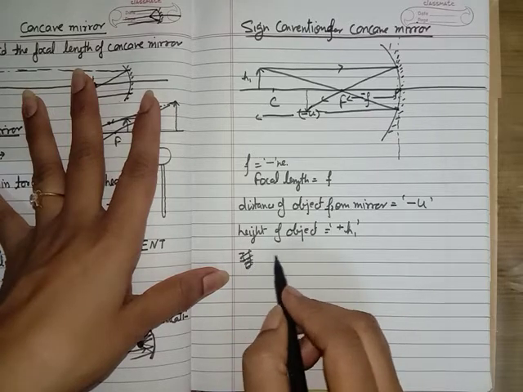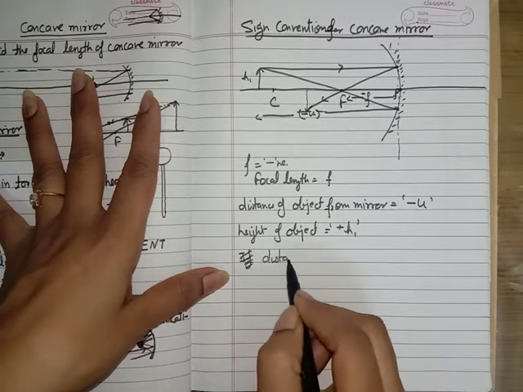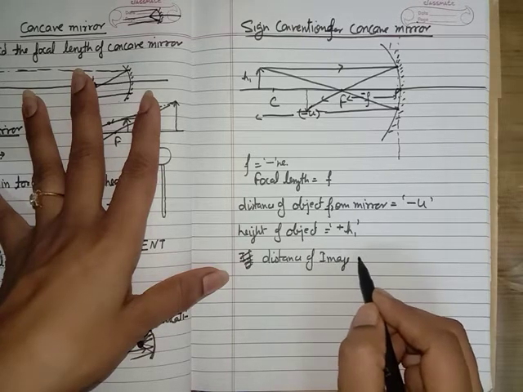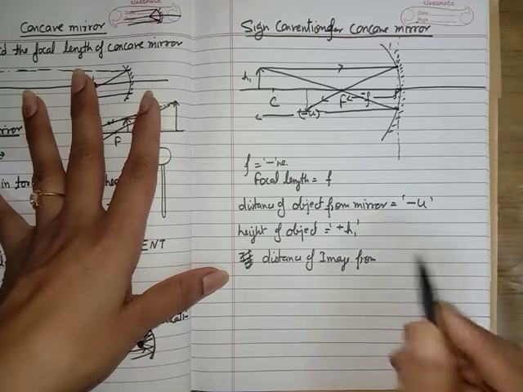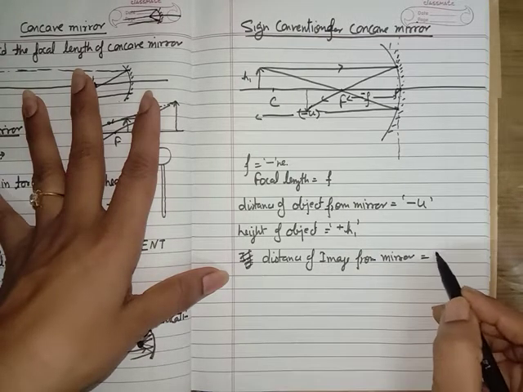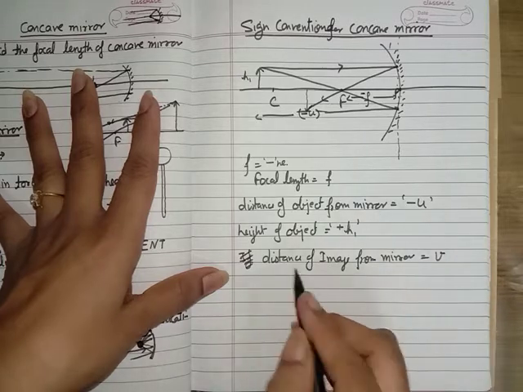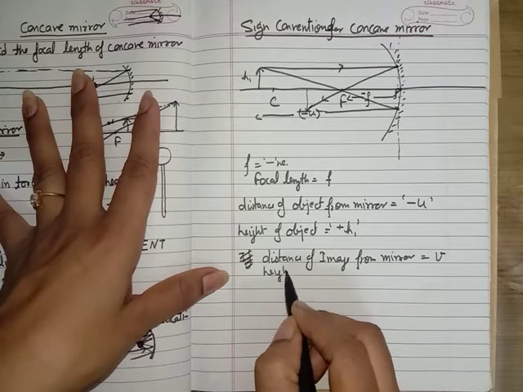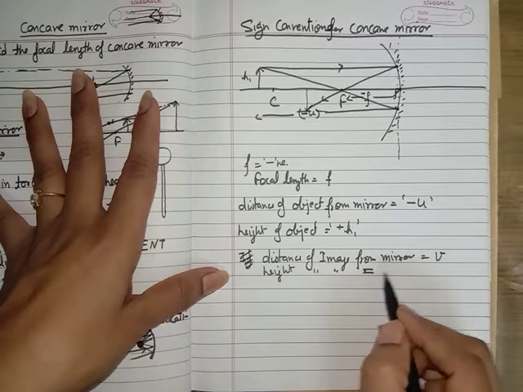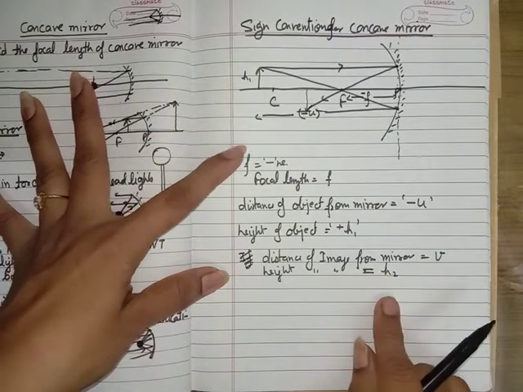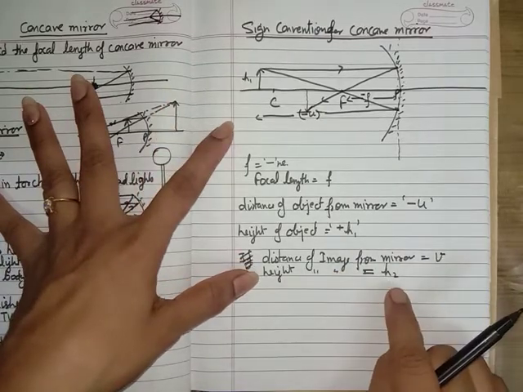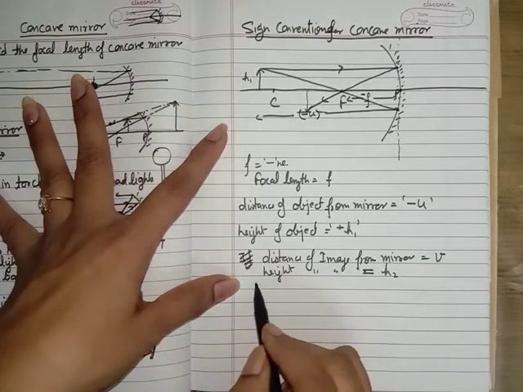First you have to write here that the distance of the image from the mirror is represented by the symbol v, and the height of the image is represented by h2. So you have to remember that the distance of the image is v and the height of the image is h2.